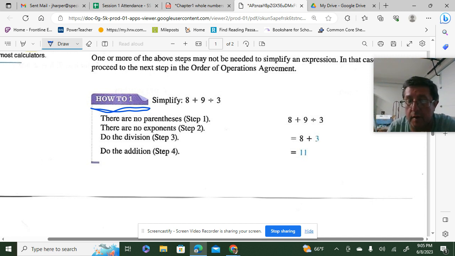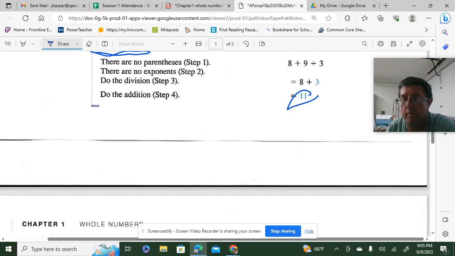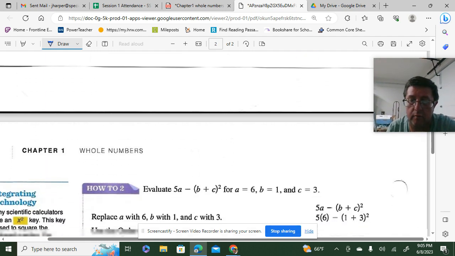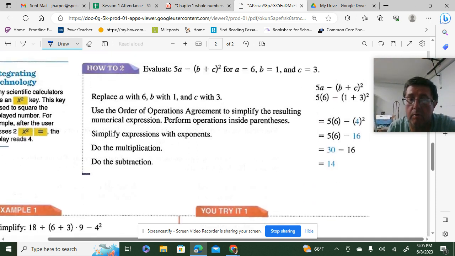Well, there is a divide. So we go 9 divided by 3, which is 3. We go plus 8. 8 plus 3 is 11. And that should get you the correct answer. And that's what they have over here, even though I ignored what they had.